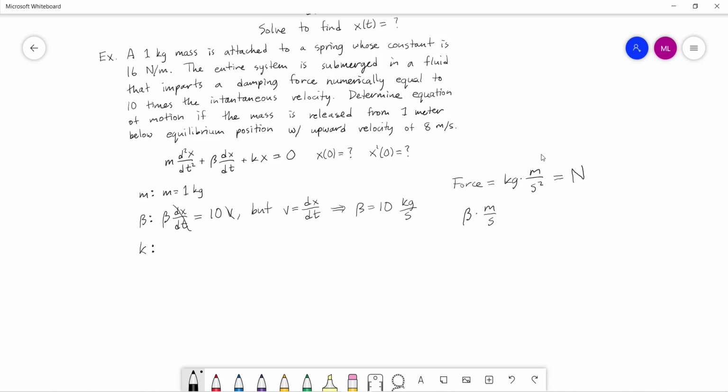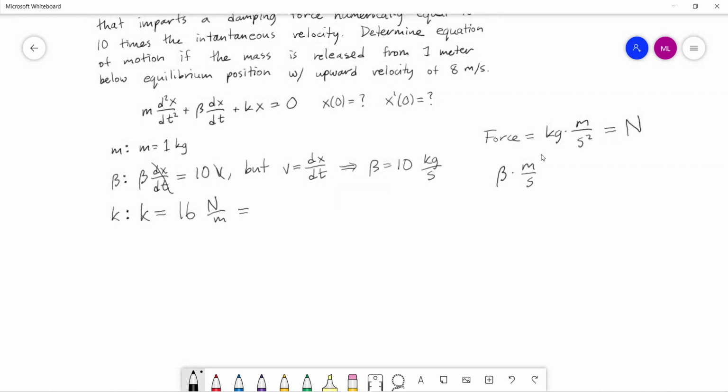So in this case, in kx, our k is equal to 16 newtons per meter. But another way to think of newtons per meter is kilograms times meters per second squared, which is newtons, and then we're dividing it by meters.